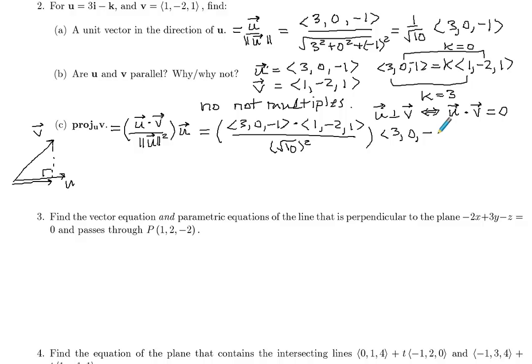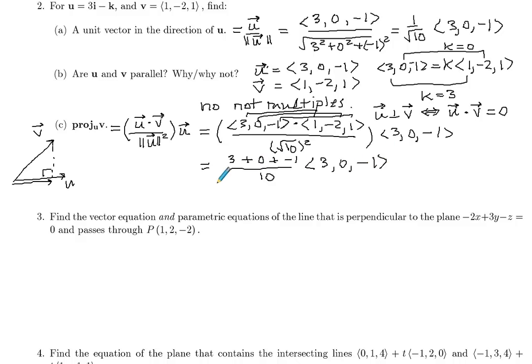For this dot product, you multiply corresponding coordinates: 3 times 1 is 3, 0 times negative 2 is 0, and negative 1 times 1 is negative 1. We add those up, so this is 3 plus 0 plus negative 1. Now we're dividing by 10, and we multiply that by our vector 3, 0, negative 1.